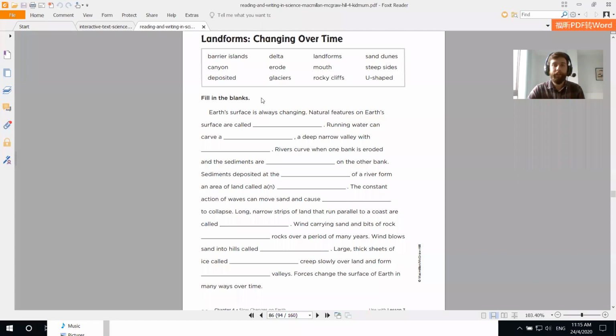Okay, let's start. Earth's surface is always changing. Natural features on Earth's surface are called landforms. Okay, you guys need to use your textbook to help you get the answers, okay?